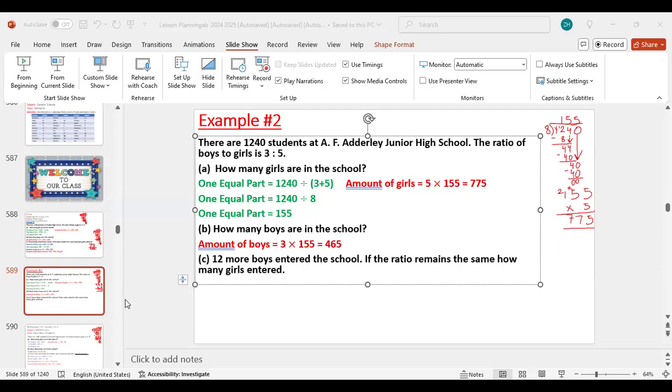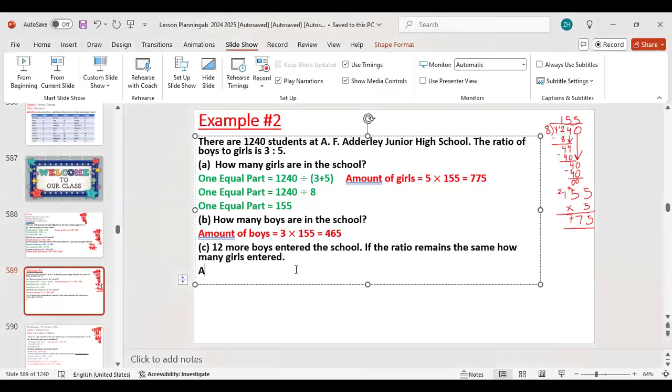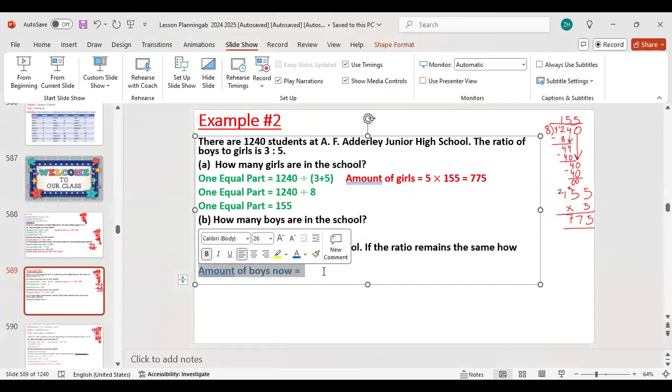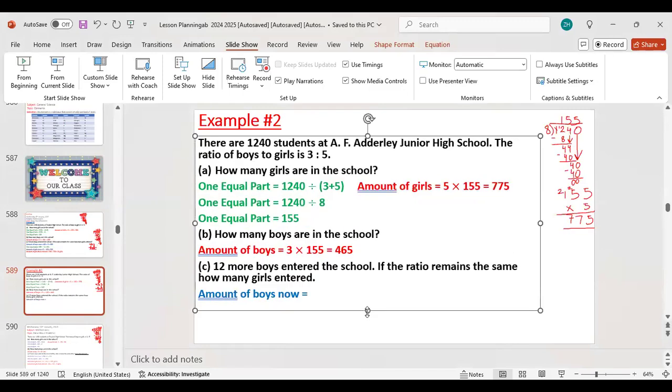Well, if you notice, I put the whole working in the chat, step by step. All right, so the first thing we're going to do is figure out how many boys we have now. How many boys were there in the first place? 465, right?